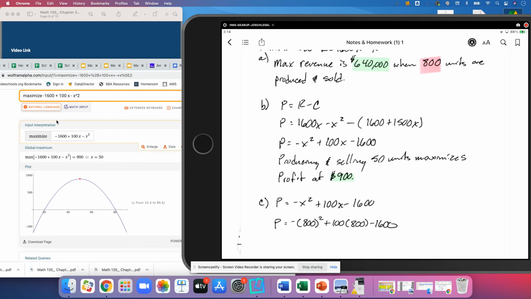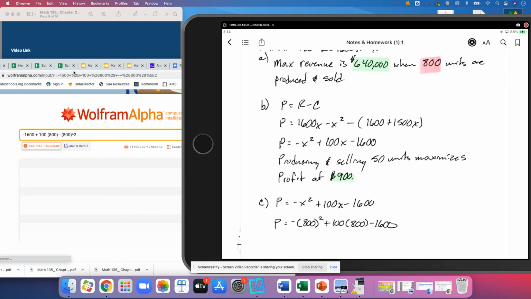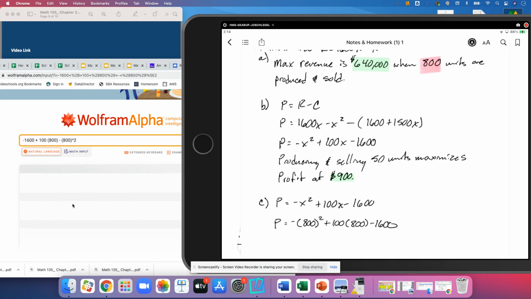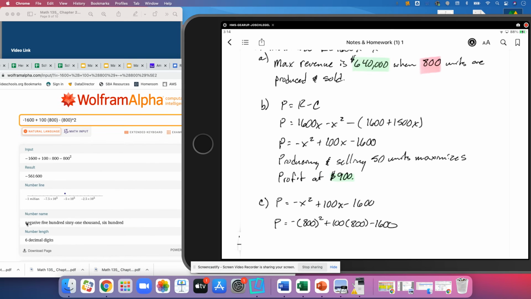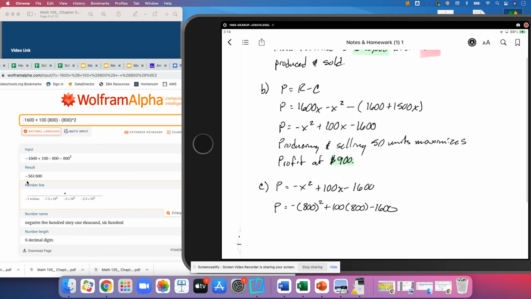So we're going to go ahead, everyone, and put 800 in for our profit function and see what happens. We see that maximizing revenue results in a profit loss of $561,600.